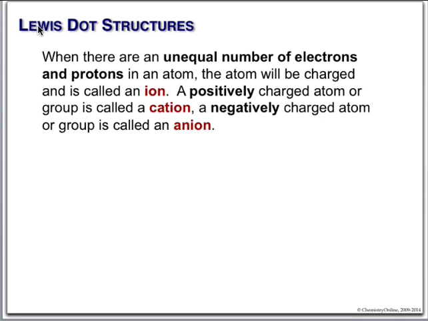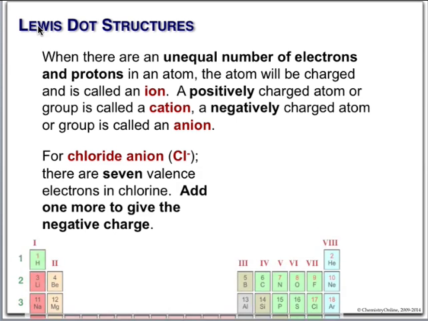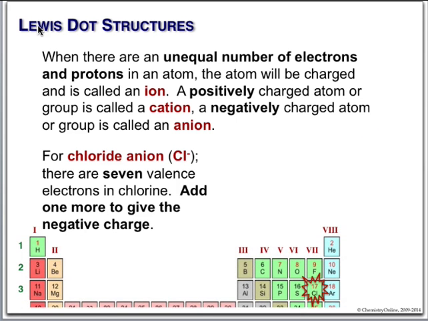So let's look at chlorine. Chlorine is down here in the 3rd period. It's in the 7th group. So it's going to have 7 valence electrons, right? Put them around. Again, it doesn't matter where we put them. It's just bookkeeping.